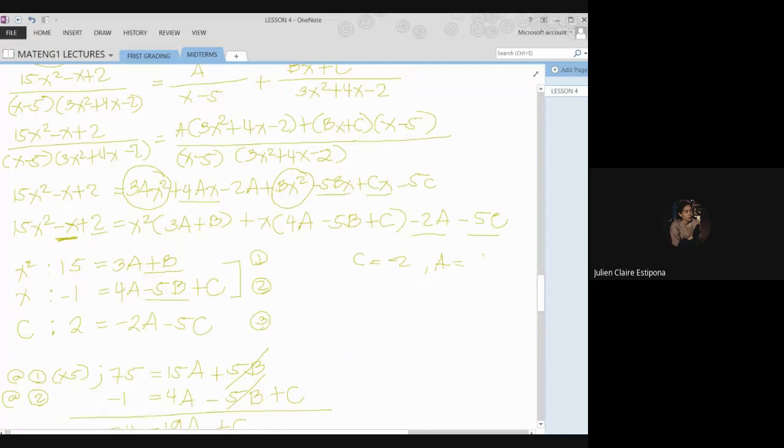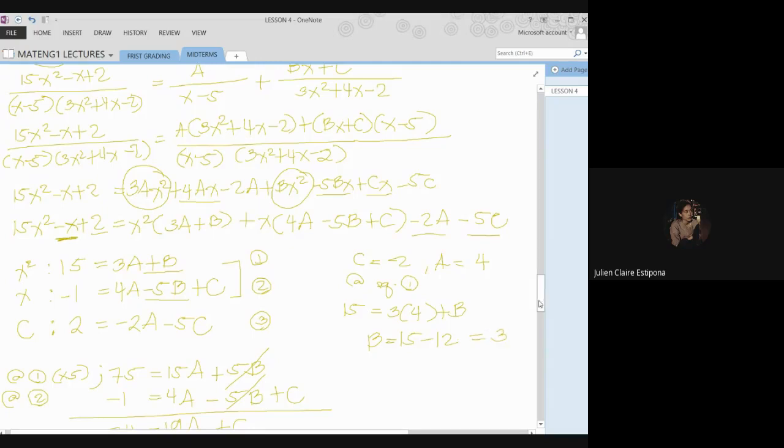So substituting the value of A to equation 1, that is 15 is equal to 3 multiplied by 4 plus B. So what is the value of B? B is equal to 15 minus 12. That is already, of course, 3.